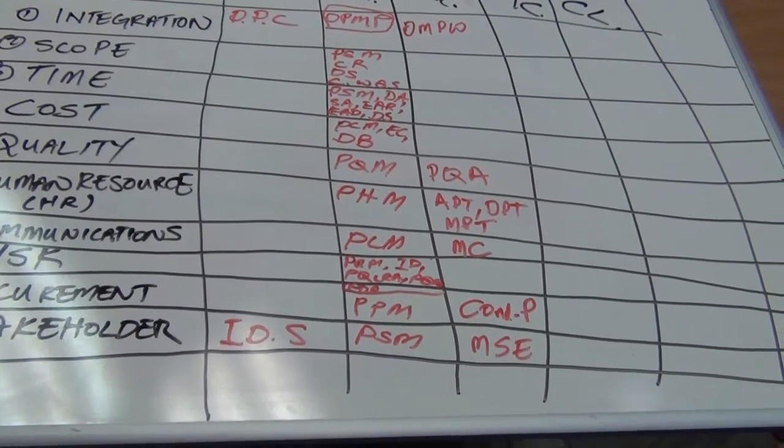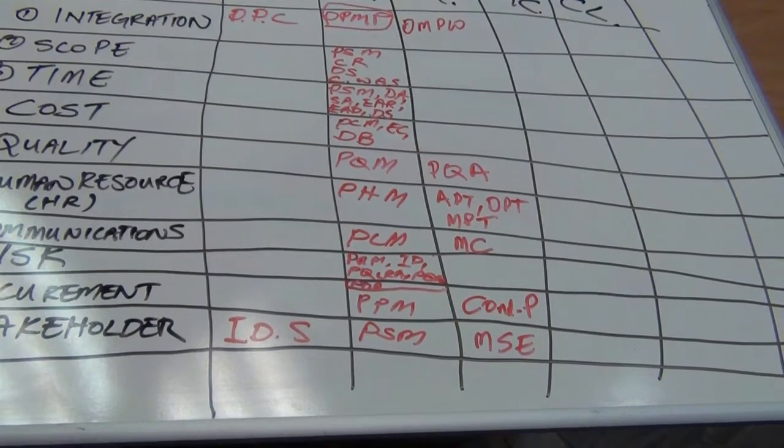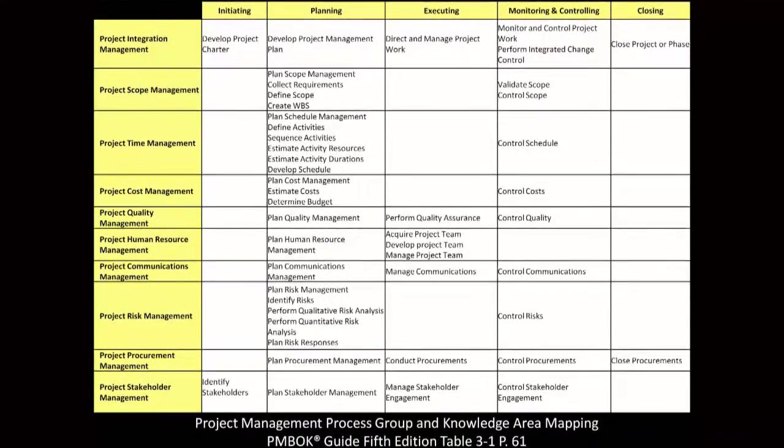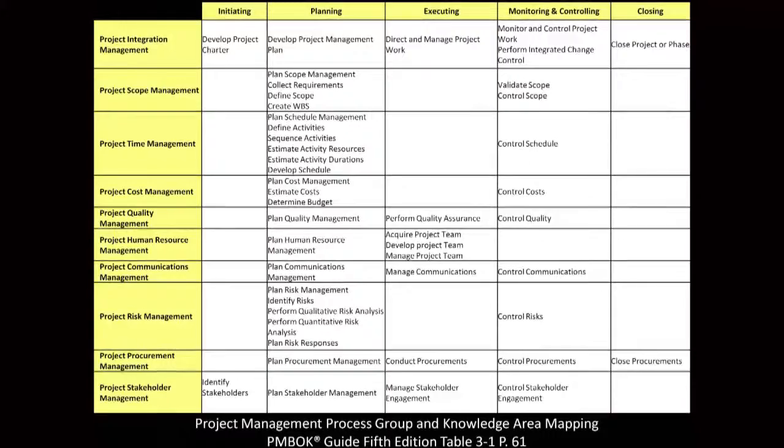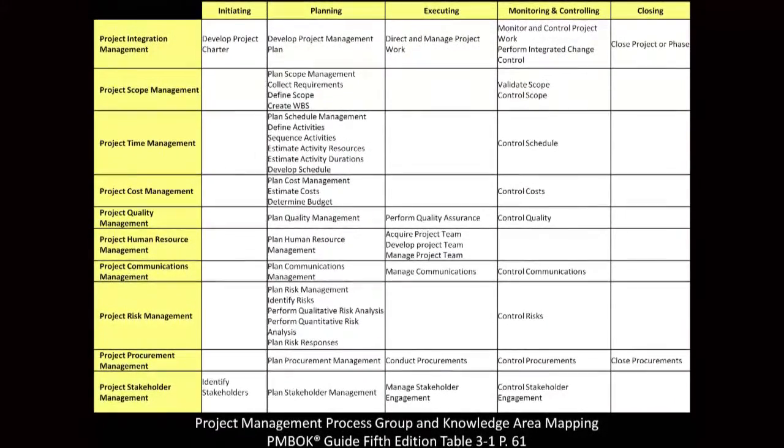Let's move on to our next process group, the monitoring and controlling process group. Again, this will be rather quick because in monitoring and controlling, we don't have that many processes either.